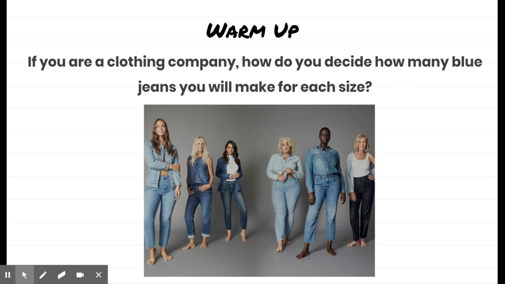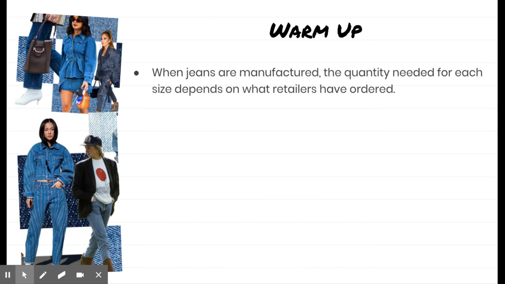For the warm-up, you were asked if you're a clothing company, how do you decide how many blue jeans you will make for each size? Now, in order to manufacture jeans or any product for that matter, the quantity needed for each size depends on what retailers have ordered.